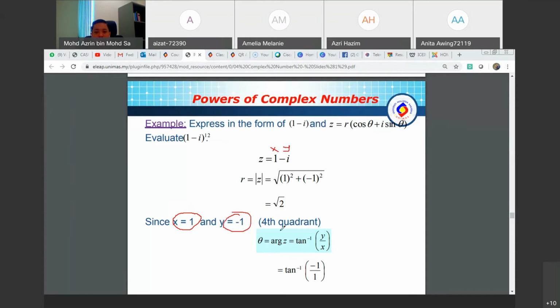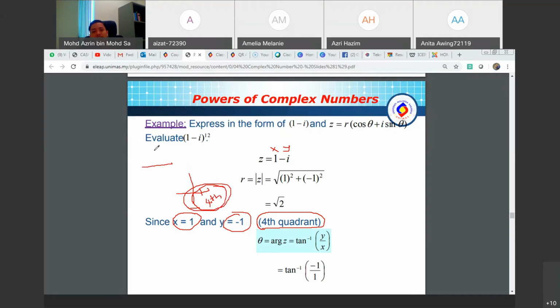So macam mana kita tahu ni fourth quadrant? You kena guna ni lah. X dia positif, Y dia negatif. So dia dekat fourth quadrant. So dia dekat sini. Betul fourth quadrant.